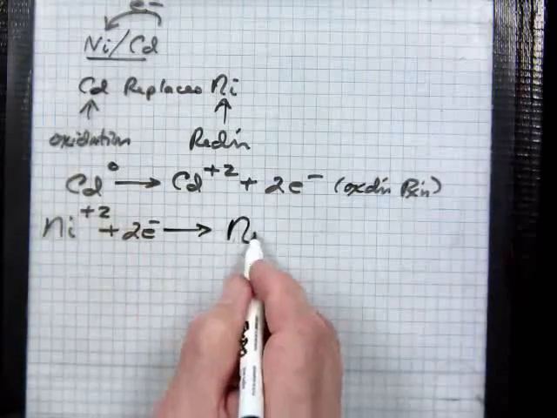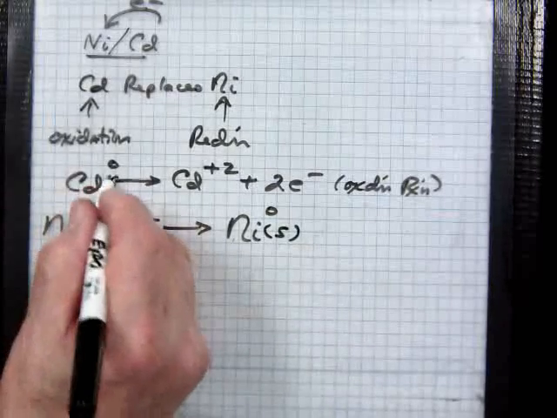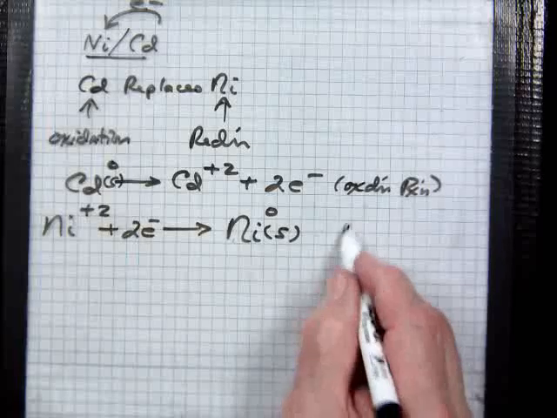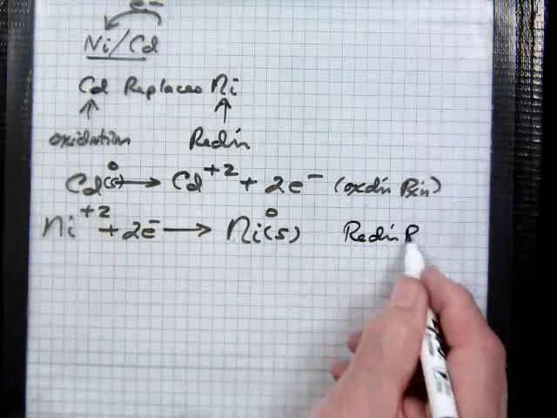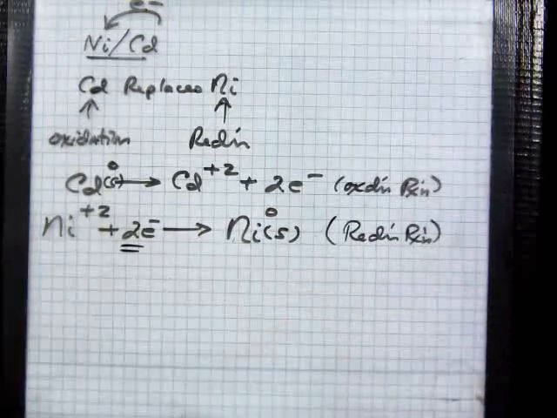Goes to basic standard state, neutral form, as a solid. They're precipitating out or plating out. And that's your reduction half reaction, because the electrons are on the left of the arrow.